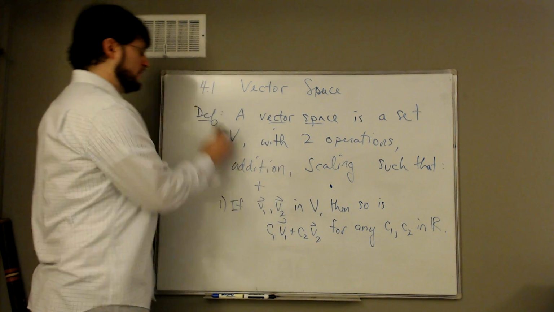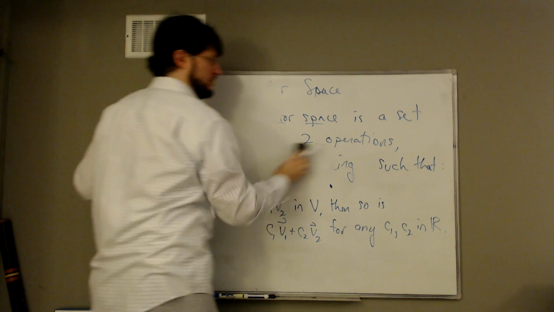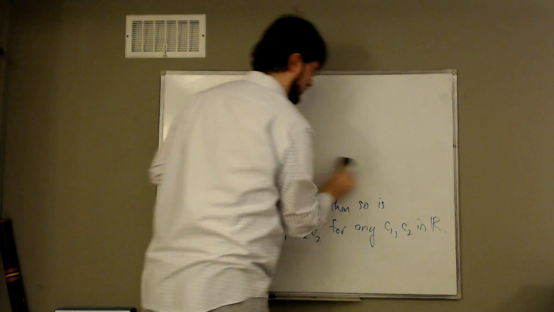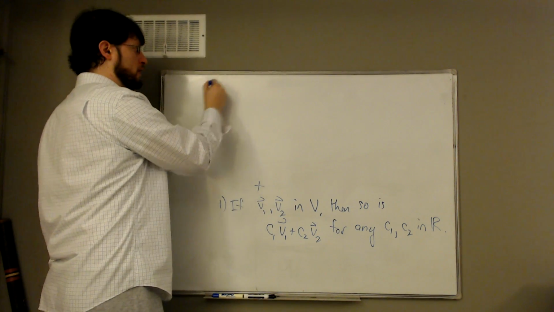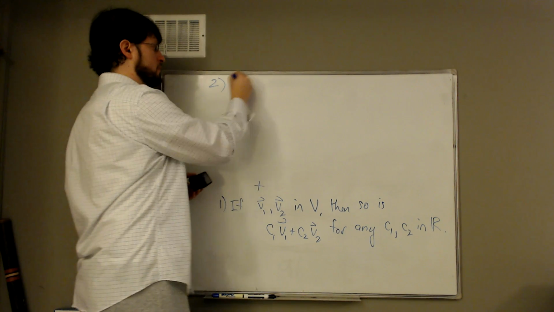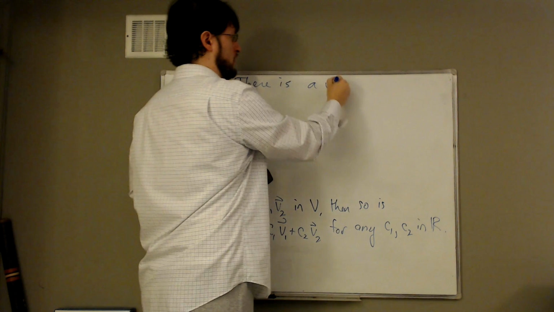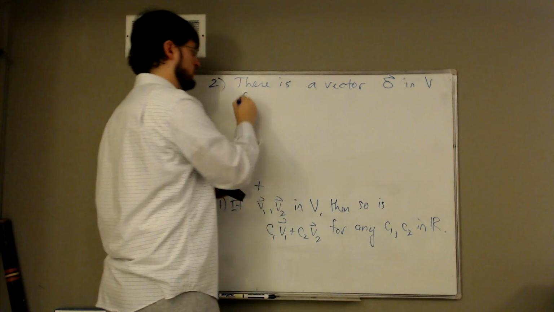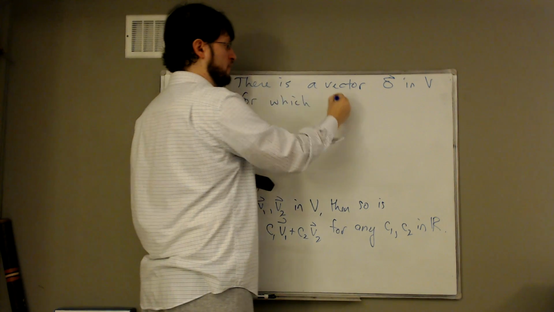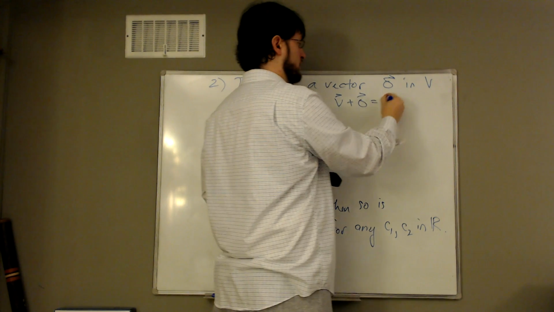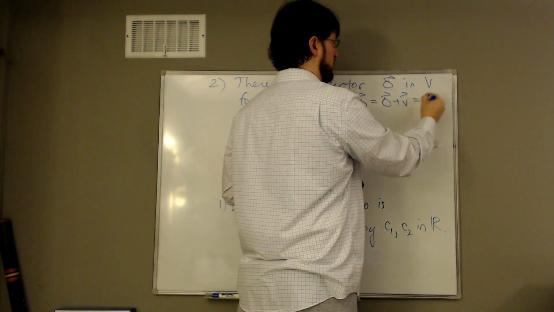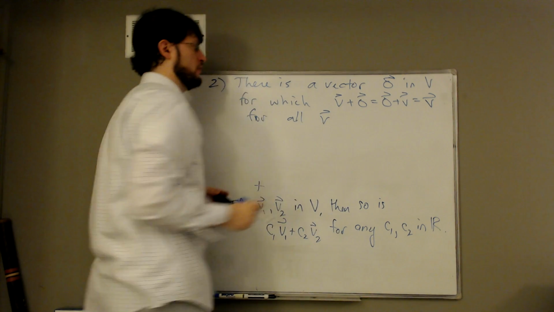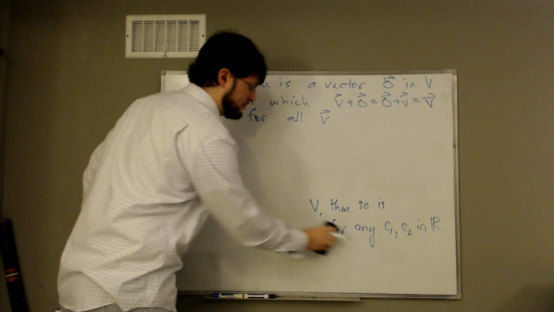Okay, and so we're going to have a couple of other technical requirements as well. Actually, a bunch of them. I'm going to write them down once, but then most of the time we'll just be able to ignore these requirements. Two, there is a vector 0 in V for which V plus 0 is 0 plus V is V for all V. Right, so there's just a special 0 vector.